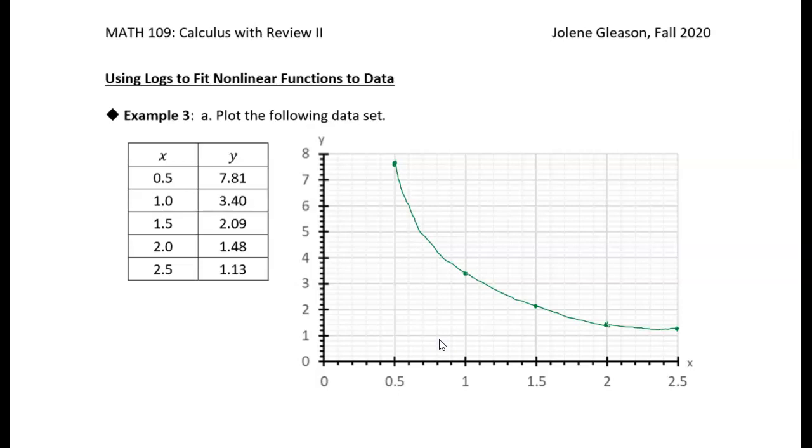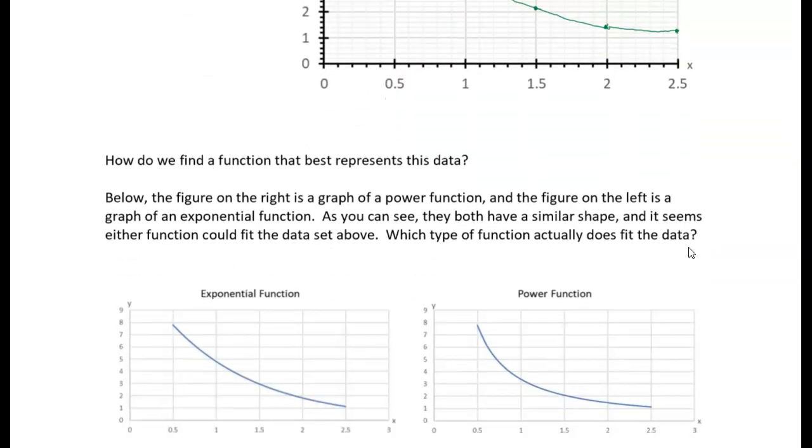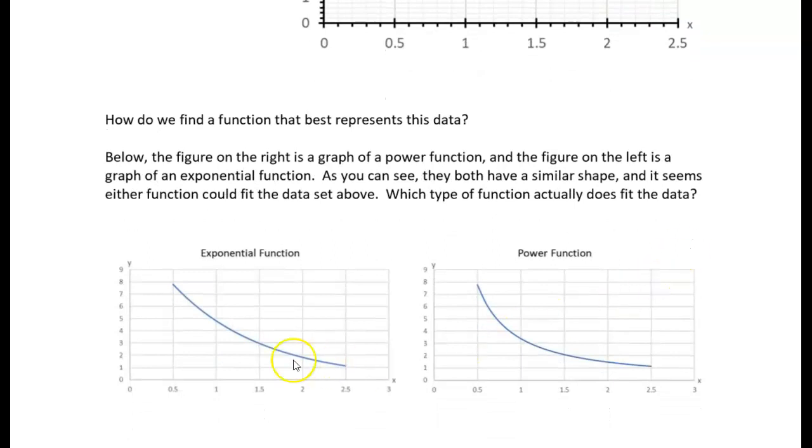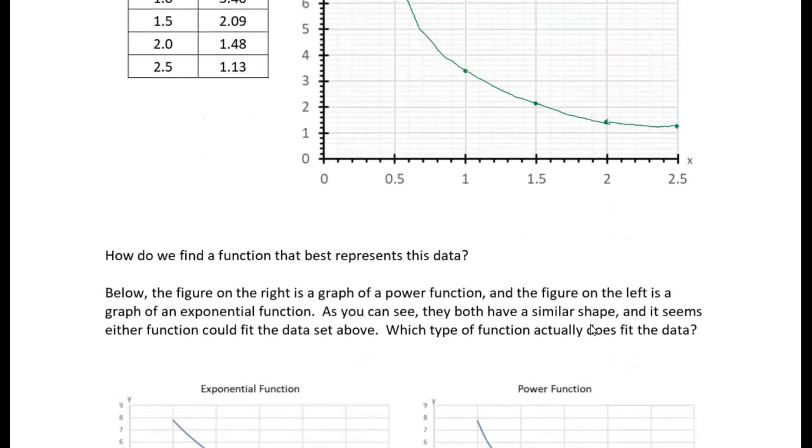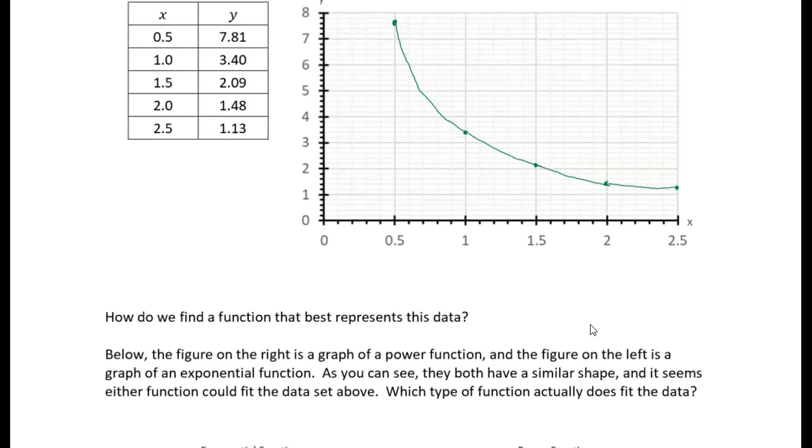That's our goal. Now, there are a number of different nonlinear functions. Here are some examples. We have an exponential function, or we have a power function, and you could see that you could possibly use either one of those types of functions to model this curve that I got here.